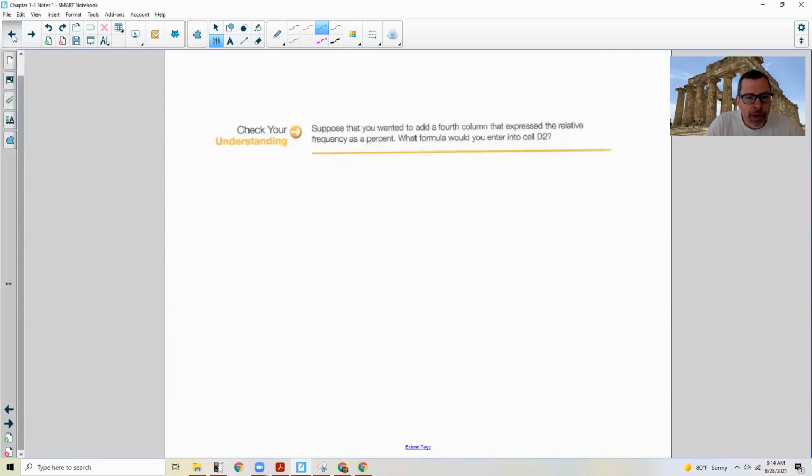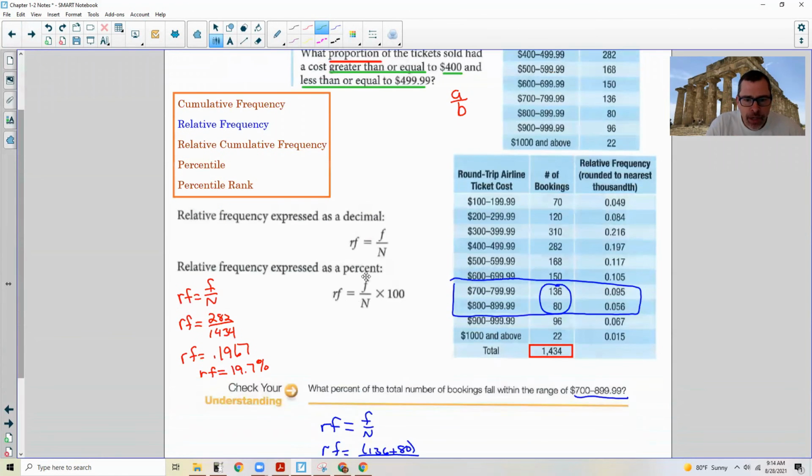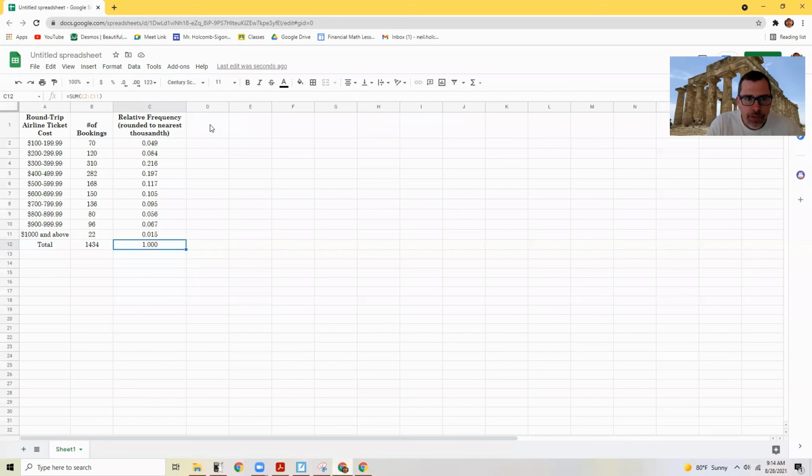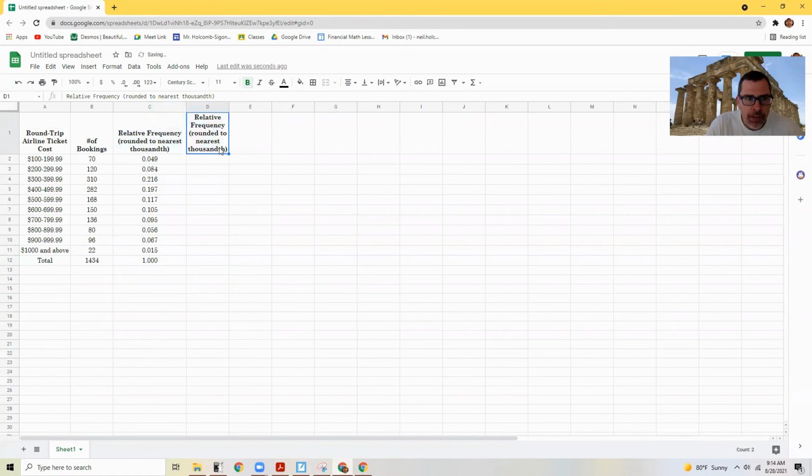So if I don't remember, I can go back here and say, okay, what do I do? I take my relative frequency and multiply it by 100. Okay, so if I go back to my spreadsheet and I have a new column, I can just drag this over and it'll repeat. And instead of rounding to the nearest 1,000, I will say percent.